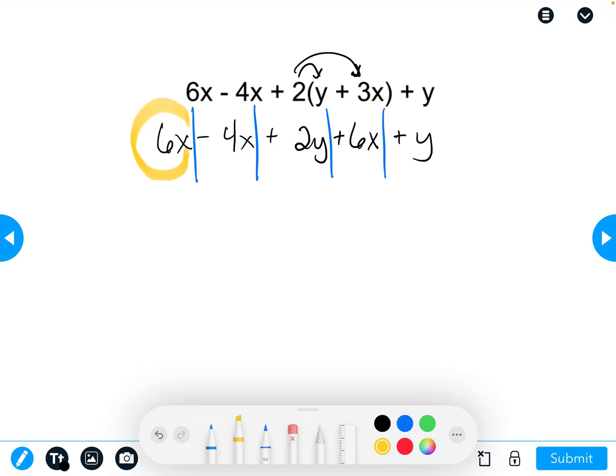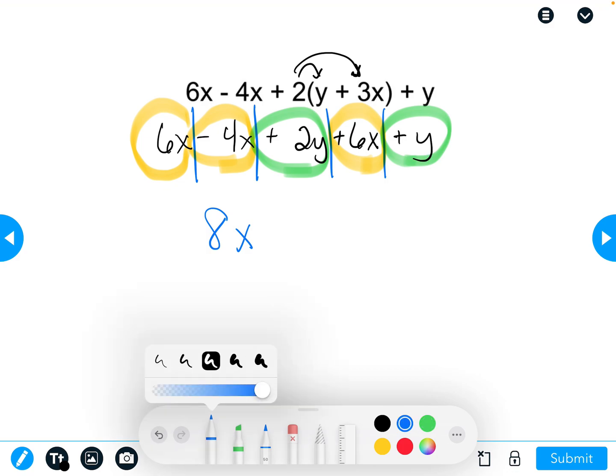So I have a 6x minus a 4x would make 2x's, plus 6 more x's would make 8x. And then for my other like terms, I have a 2y and a y by itself, which is 1y. So 2y plus 1y make 3 y's.